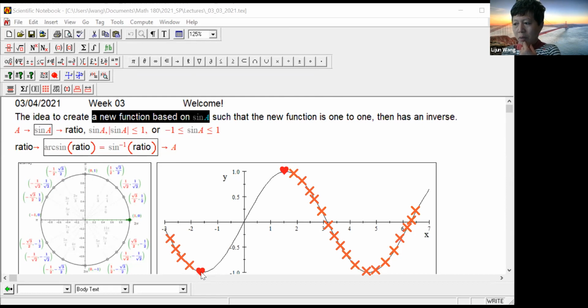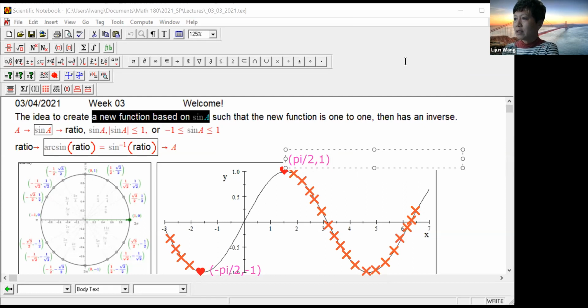Now, can you mark these 2 points? This one is negative pi over 2, comma, negative 1. And the highest point right here is pi over 2, comma, 1.